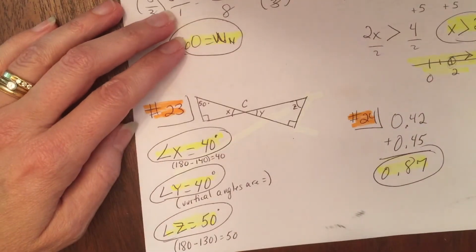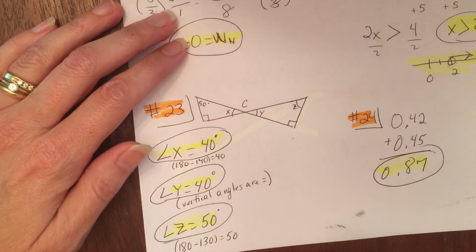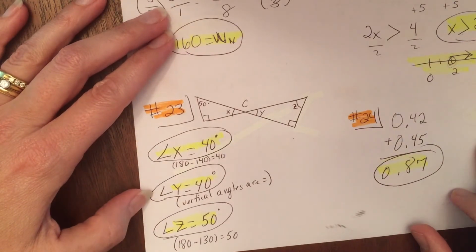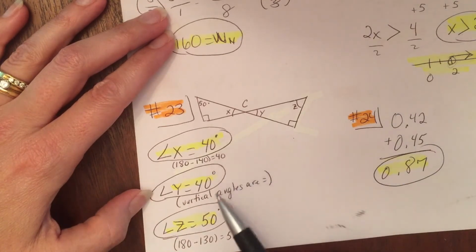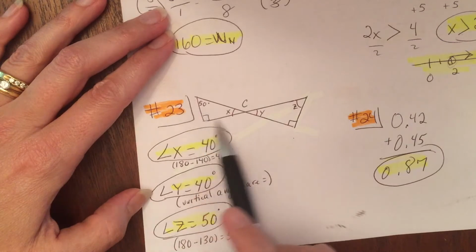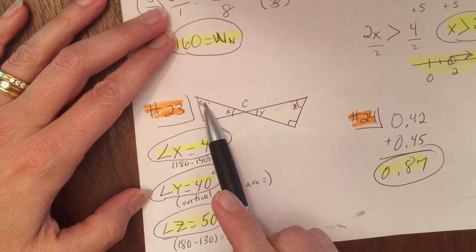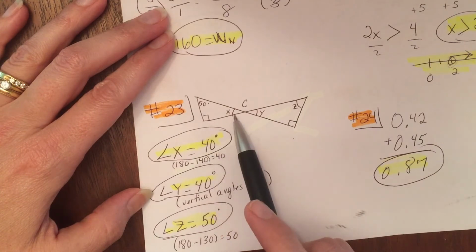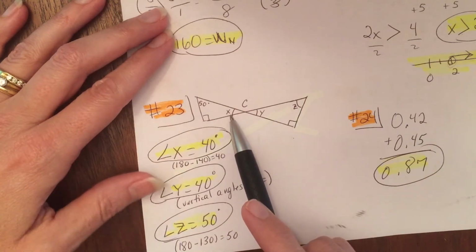Number 23 was our weird triangles hooked up to each other. So they wanted us to find the measure of x, y, and z. So I started with x, because on this triangle, I know that this one is 50 degrees. This angle is 90. 50 and 90 make 140. That means angle x has to be 40 degrees.